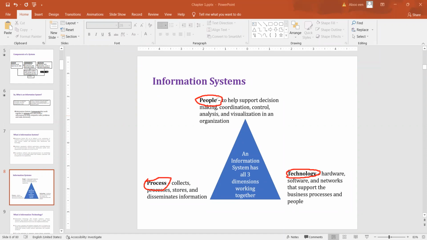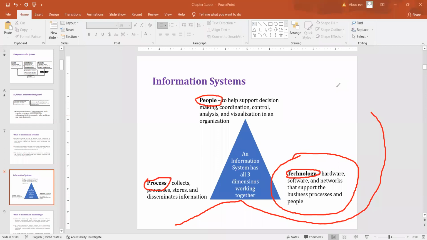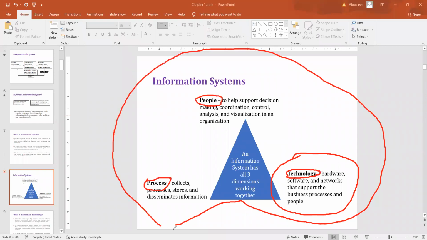Together they form the information system.